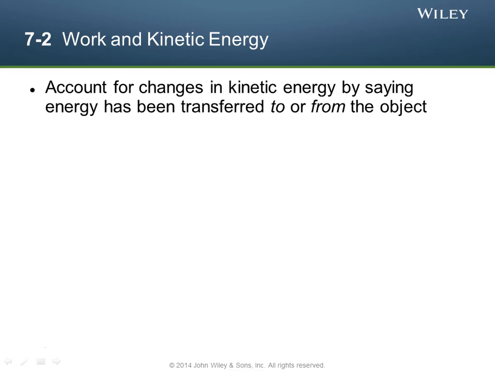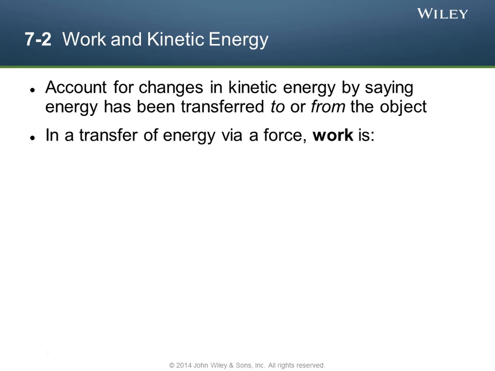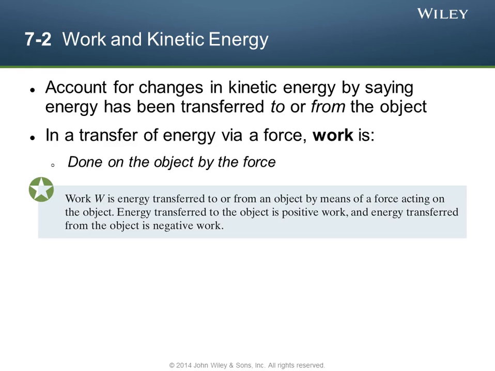And so to account for changes in kinetic energy, we do this by saying that energy has to be transferred to or from the object. So either energy is being transferred into the object or being taken out of the object. And in a transfer of energy via a force, work is done on the object by the force. And so this is an important thought here.